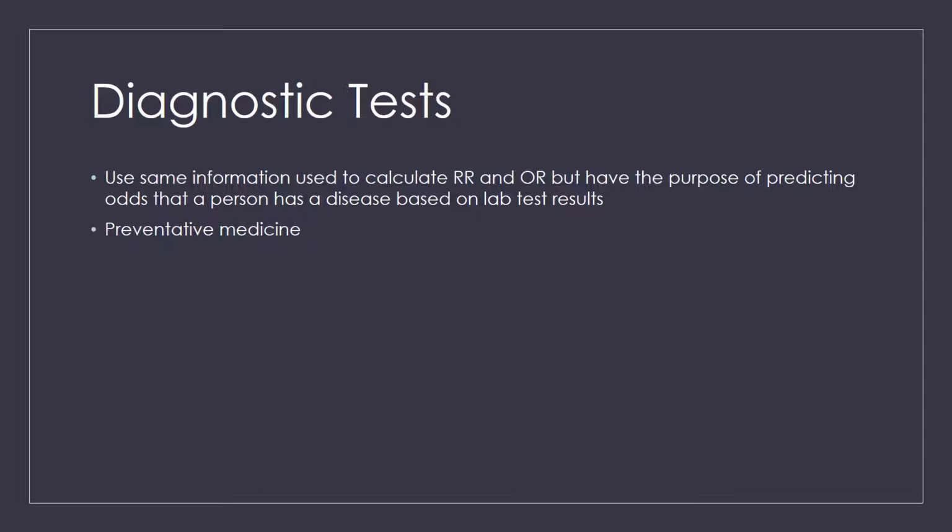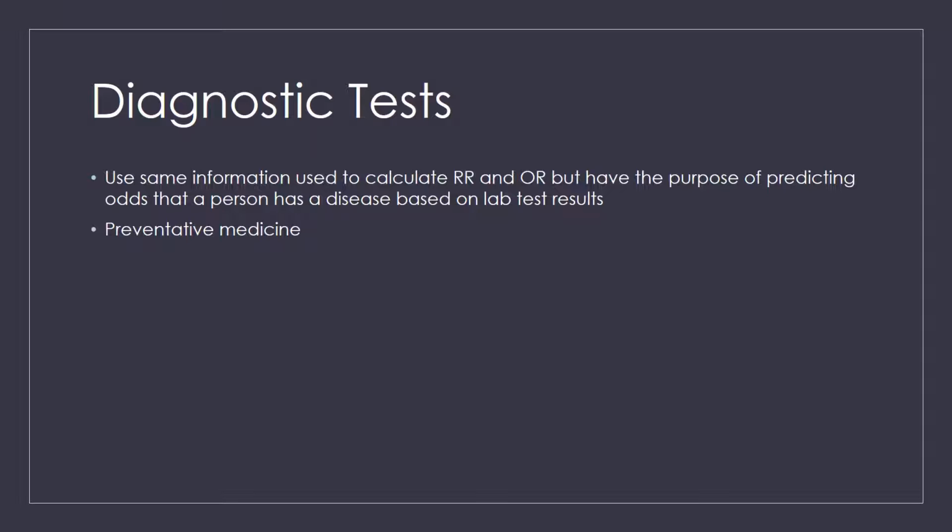You also may have testing for, there are various screening tests for cancer, all kinds of diagnostic testing. The exact same information is used in these calculations that we're going to be talking about, that is used to calculate odds ratios and relative risks, but they have a little bit different purpose.